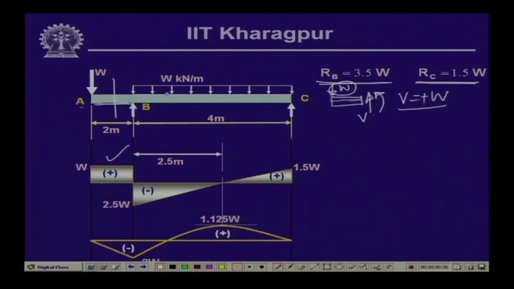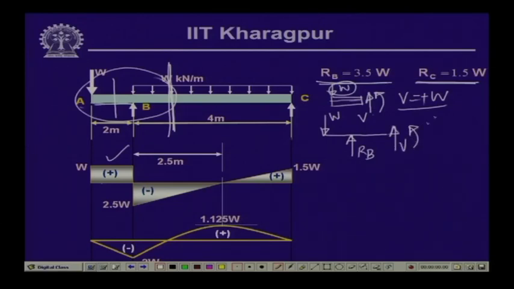Now, if we take a free body diagram of this beam and cut the beam at this particular section and take the free body of this left part, then the free body diagram will look like this. This is reactive force R B, here we have the load W, and here we have the shear force V and the bending moment M, and the load is distributed over this particular segment, and let us call this particular distance x.